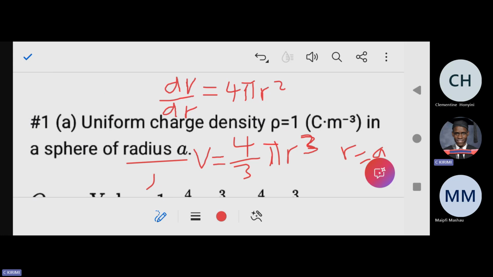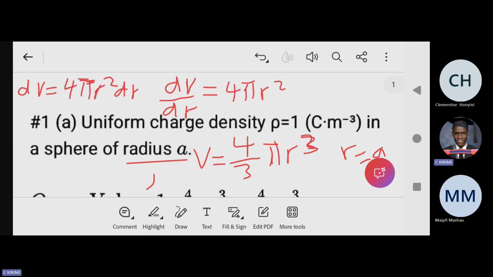Now make dV the subject of the formula. We multiply both sides by dr, sorry. So it will be 4 pi r squared dr. That is this dV, which is here, which they've replaced.